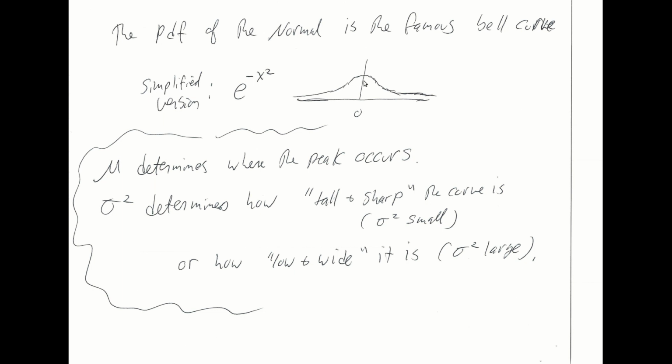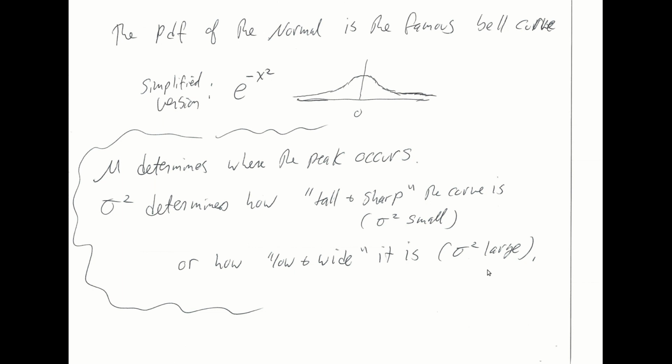But I can have it peak at points off to the right by making the mean value positive, or I can make it peak at points off to the left by making the mean value negative. And sigma squared is going to determine not just that translation left to right, but a change in the shape of the curve itself. If sigma squared is small, so it's a low variance random variable, it's going to make our bell curve taller and sharper.